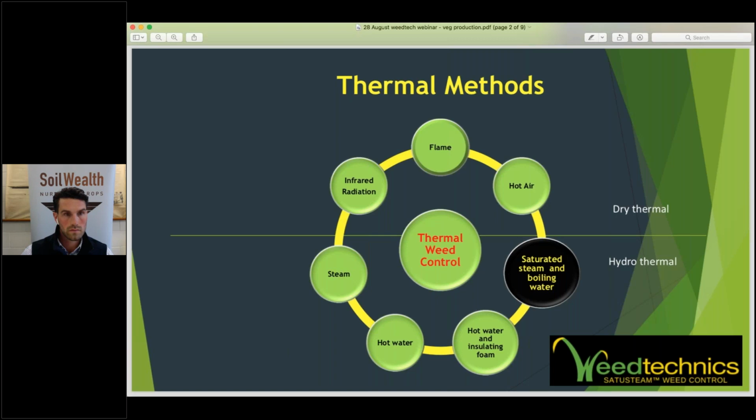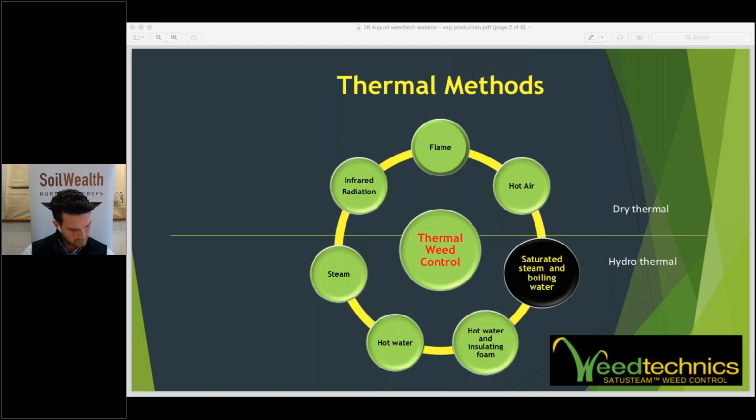And by maintaining the pressure of the water, we kept the boiling point way above the temperature that we were heating it to. So we were heating it to about 120, but it wasn't physically boiling because of the increased pressure. And it was only after it passed through that restrictor nozzle where it expanded into saturated steam. Now that was coming out at the same pressure that we were pressurizing it.